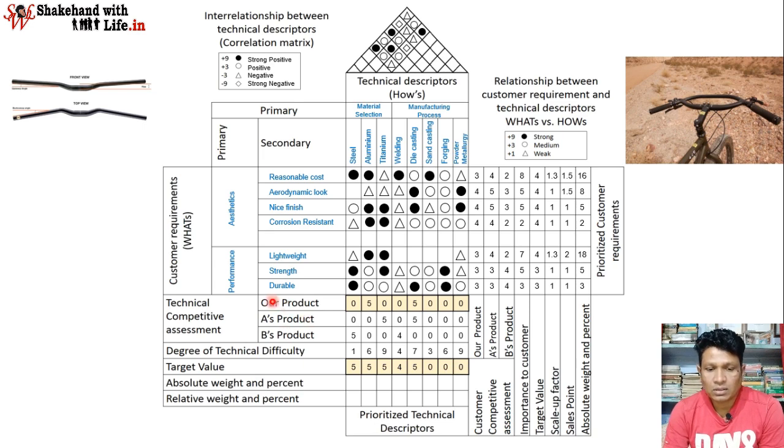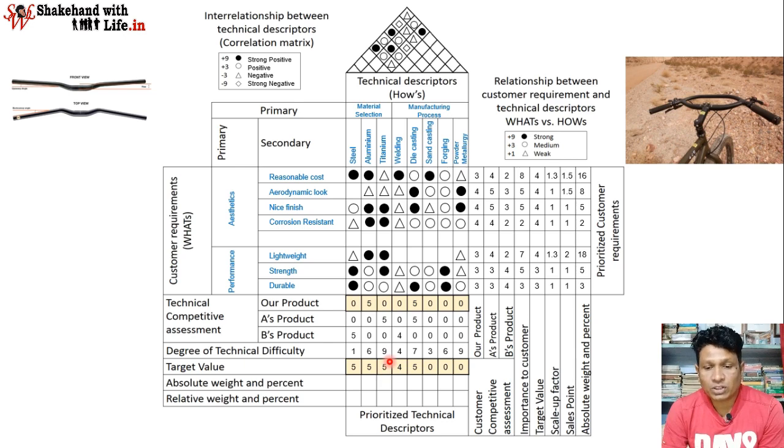So here is the technical competitiveness score for our product for each technical descriptor, and this is the target value score for each technical descriptor. Here we can see that the QFD team wants to improve the score for steel. So here we have 0 to 5, but for aluminum 5 is already given, so 5 to 5, there is no requirement to change or improve. But for titanium there is a huge requirement of improvement, so 0 to 5.